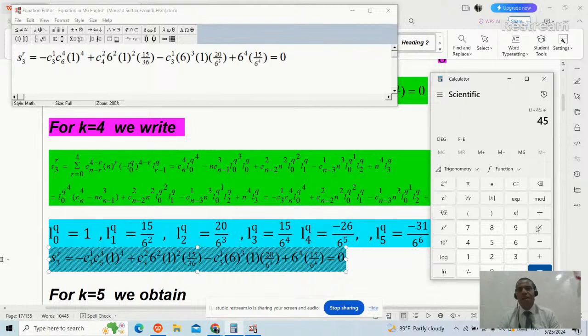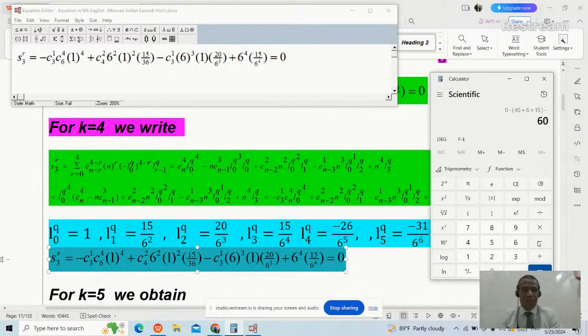Plus, learners, combination 4 choose 2 is 6, times what, learners? Times 15. Why? Because here 36 over 36 is 1, and 1 squared is 1, so it remains the same. Minus 3 times 1 times 20, which means minus 3 times 20, minus 60.